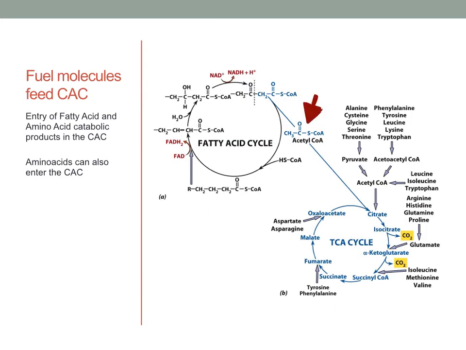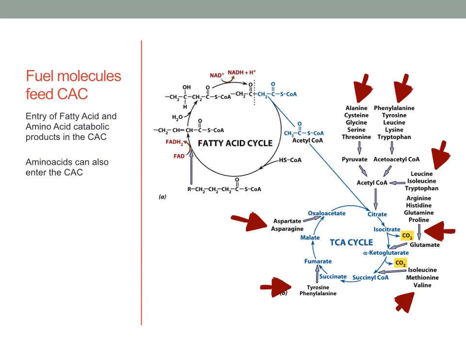So fatty acids, as we just said, can enter directly in the TCA cycle or citric acid cycle by the means of acetyl-CoA. It is also the case for amino acids like alanine, phenylalanine, isoleucine, or tryptophan that can be converted into acetyl-CoA and enter in the citric acid cycle.